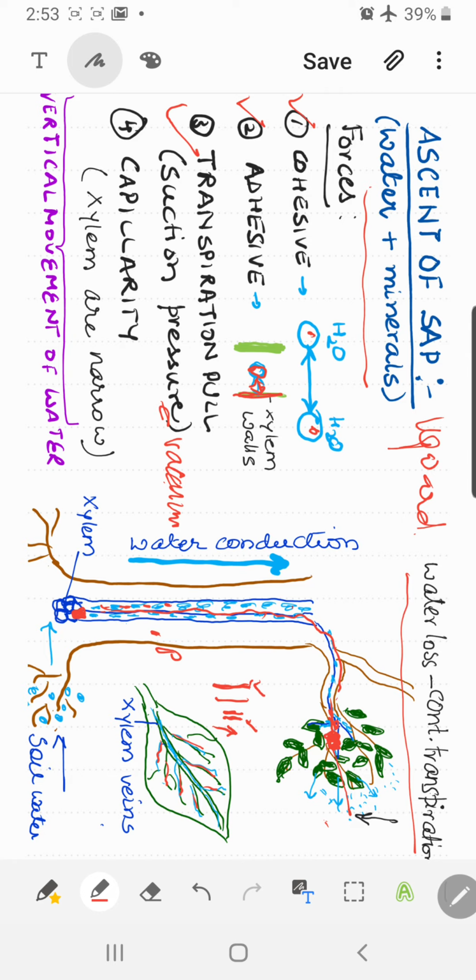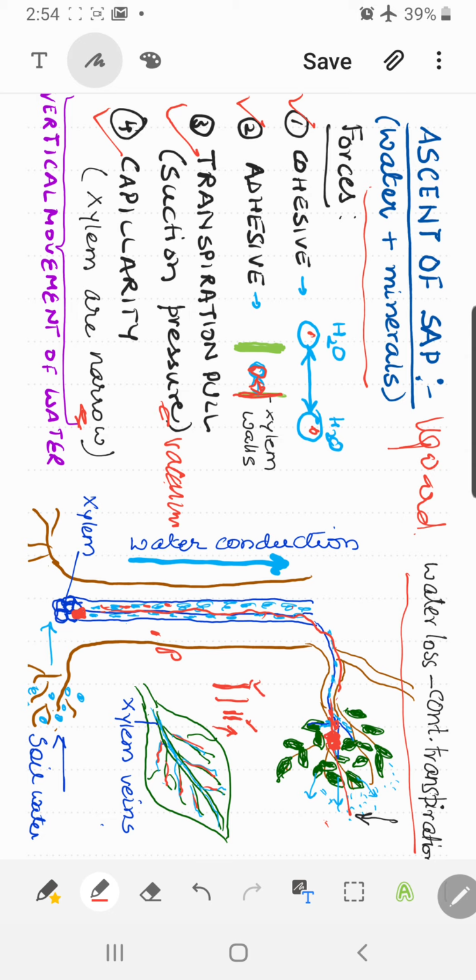That means the narrower the tube, the more rise there will be in the water. This is due to capillary action, and we always know that xylem channels are quite narrow. That's why capillary action acts on it, and this will help in taking the water up. So four forces there: cohesive, adhesive, transpirational pull, and capillarity.